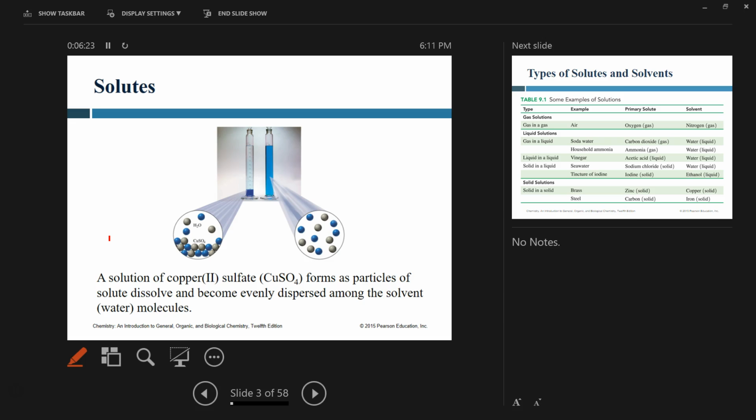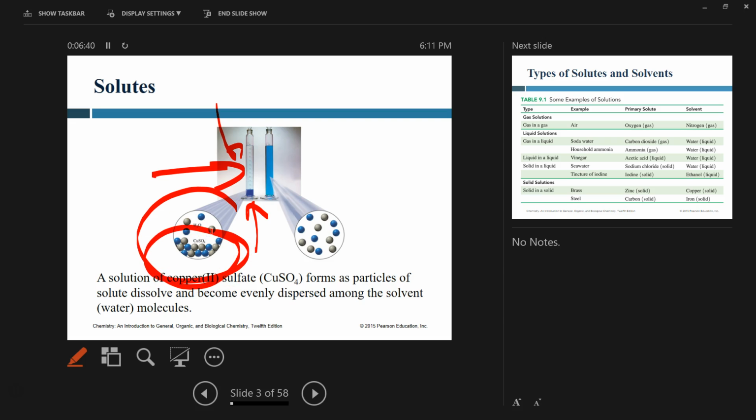So here, that same example, in the left cylinder, you can see copper sulfate at the bottom of the cylinder and water above it. And then after a while, copper and sulfate ions dissociate and they become dissolved and become a part of the solution.